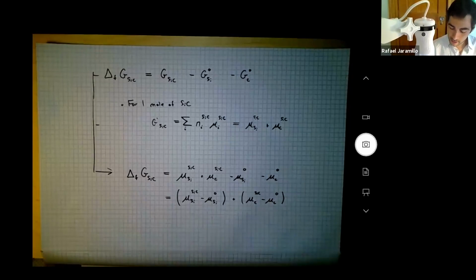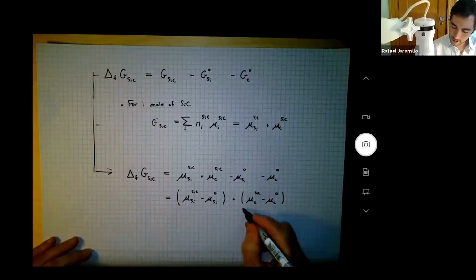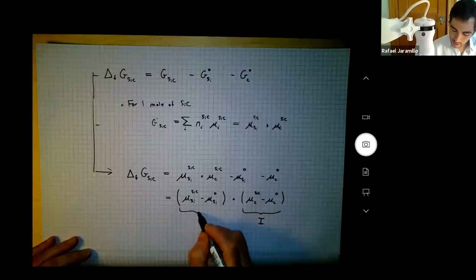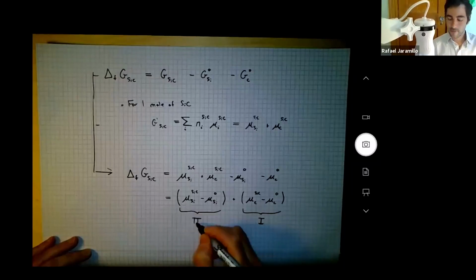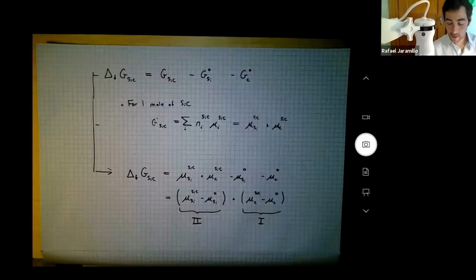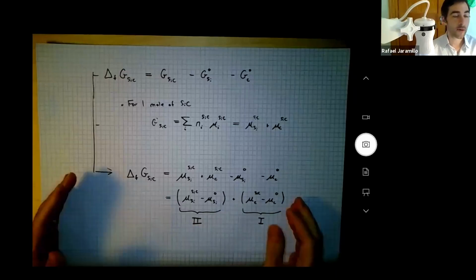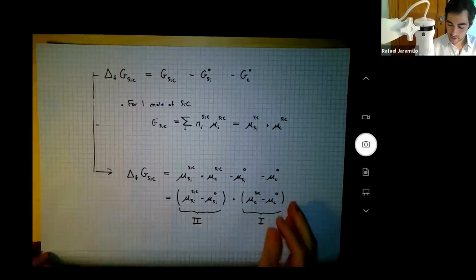All right, and I'm going to tackle these one at a time. So I'm going to tackle this one first. I'll label it 1, and I'm going to tackle this one second. I'll label it 2. If we can find equations for these quantities, then we know our answer. So I'm going to take these one at a time, and then I'm going to start asking you folks some questions. So look alert.